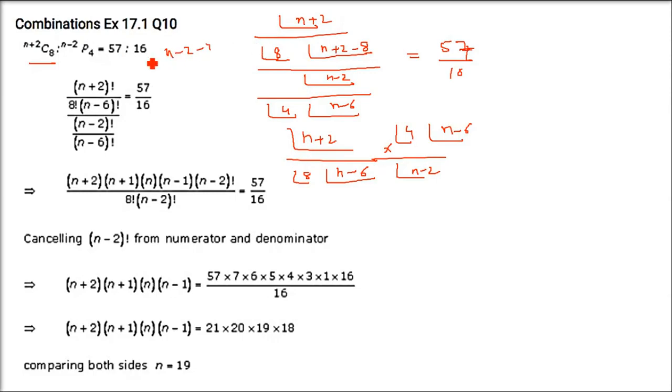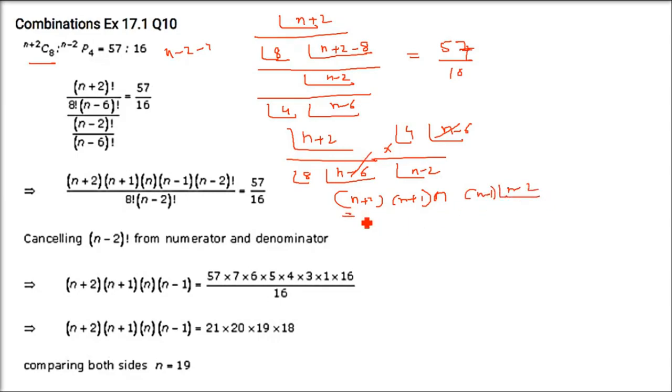Now n plus 2, can we write it in some way so that it gets cancelled with n minus 2, and we have to change them so that things get cancelled. If you see n minus 6 are there, so you can cancel them. This factorial n plus 2 can be written as n plus 2, n plus 1, then n, then n minus 1, now factorial n minus 2.